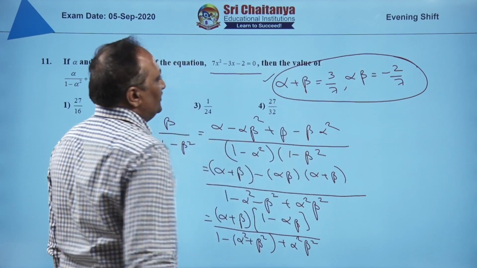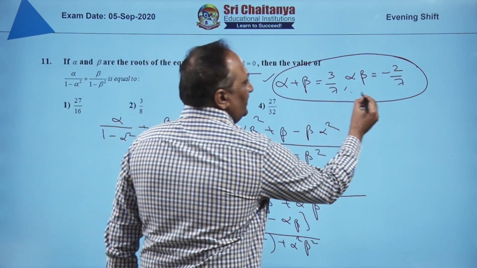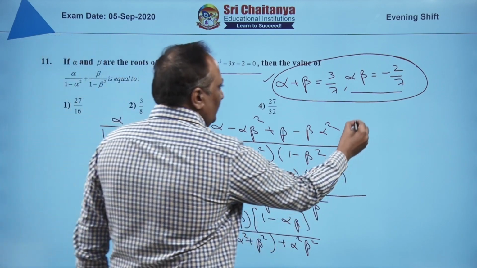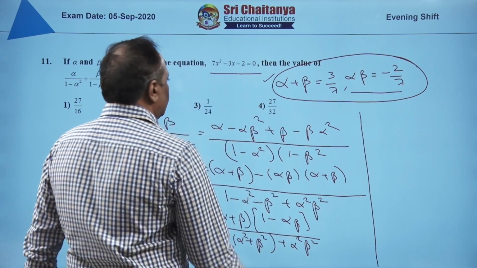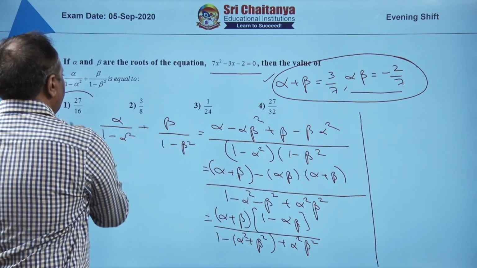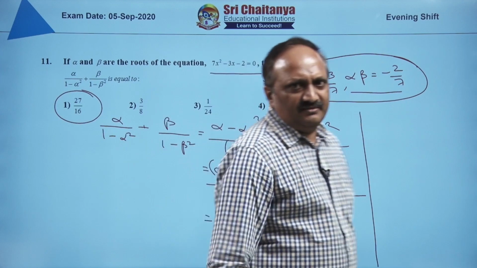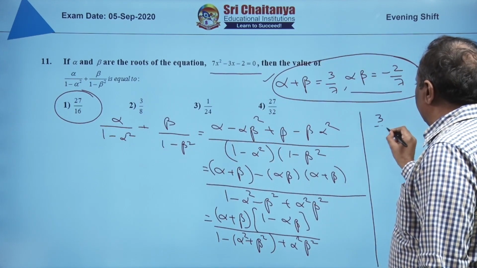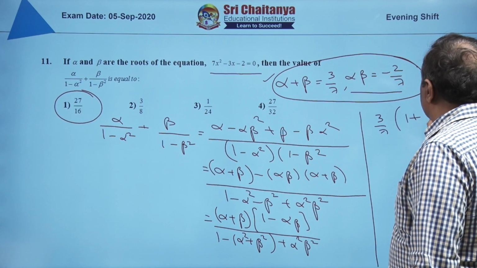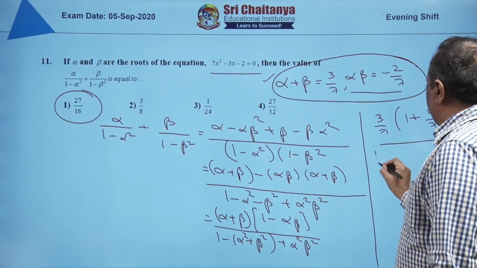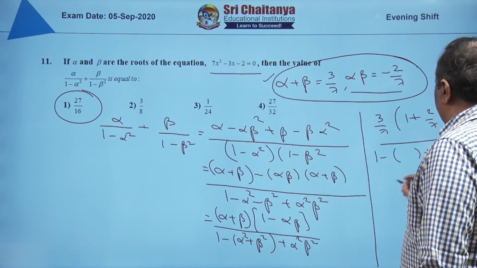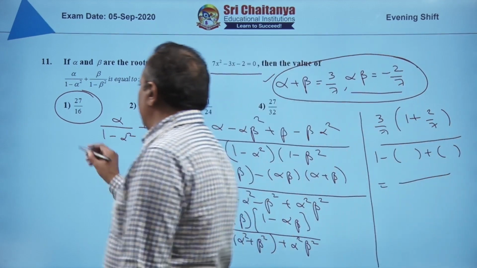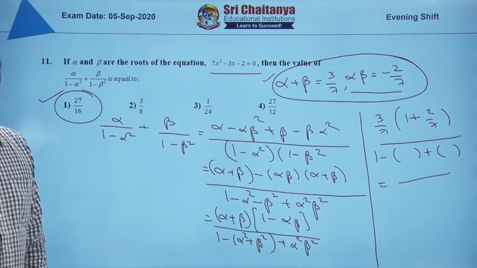Alpha plus beta value is known, 3 by 7, alpha beta is nothing but minus 2 by 7. Substituting both the values and simplifying, the value comes to 27 by 16. By writing these values, alpha plus beta 3 by 7 into 1 plus 2 by 7, and 1 minus alpha square plus beta square value, alpha square beta square substituted, we can arrive at the answer in this form, and it is 27 by 16, we can get the answer easily.